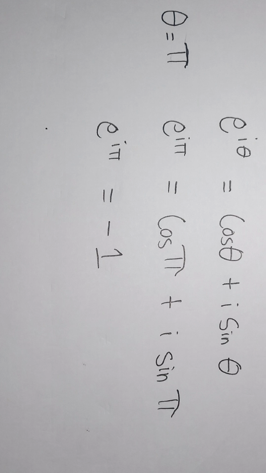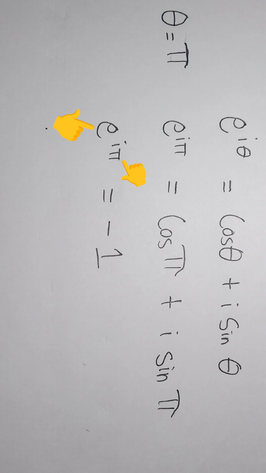e raised to the power of i pi is equal to... why do I get negative 1? Because cos pi is negative 1, and sin pi is 0, so we don't write that, and i is the imaginary. And that is the answer: e raised to the power of i pi is equal to negative 1.